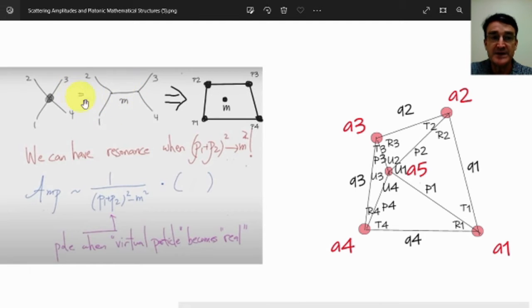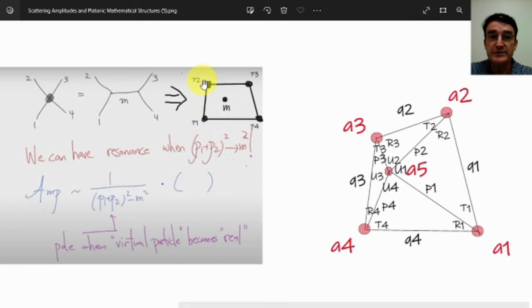This is one of the Feynman diagrams. Two particles in generates a virtual particle, and then the virtual particle decays into two other particles. So it's 2 to 2 scattering, and that's depicted by this shape here.